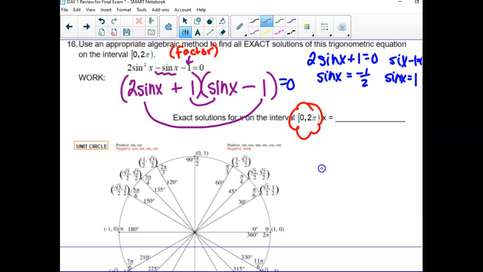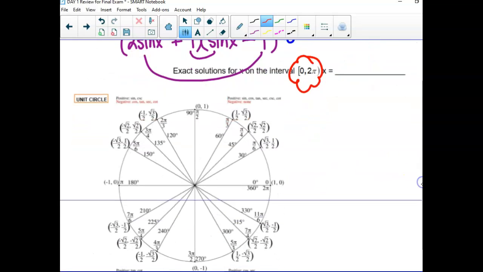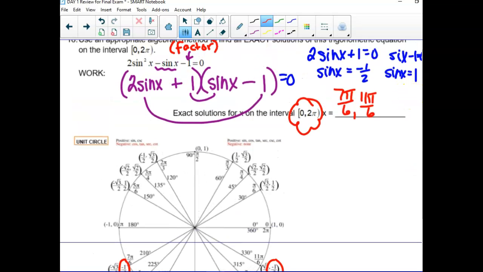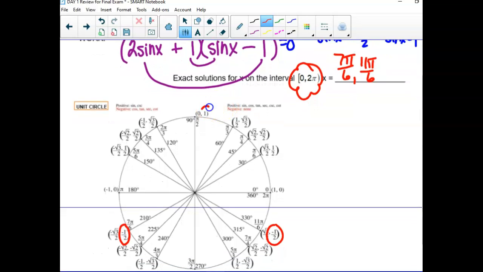We just want the ones off the unit circle. So the sine is negative 1/2 at 7 pi over 6 and 11 pi over 6. And then our other one was the sine is 1. And the sine is positive 1 only at pi over 2.